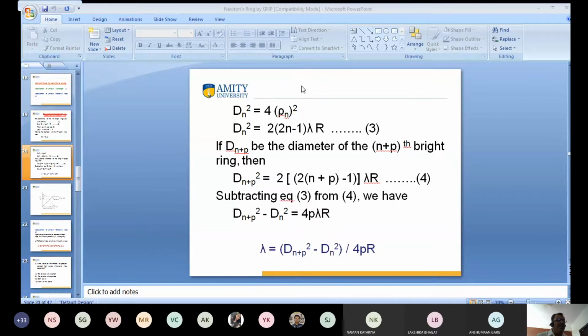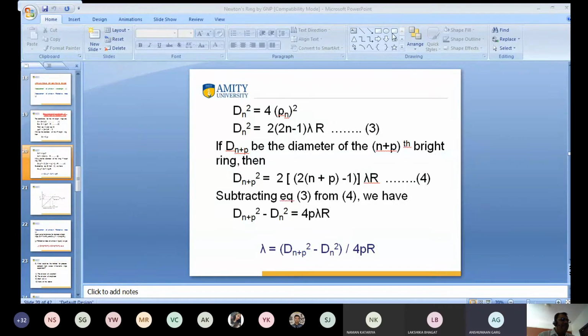With the help of equation 3, we can calculate the value of lambda. Subtracting equation 3 from equation 4, that is dn plus p whole square minus dn square. Clear? Hello, clear?